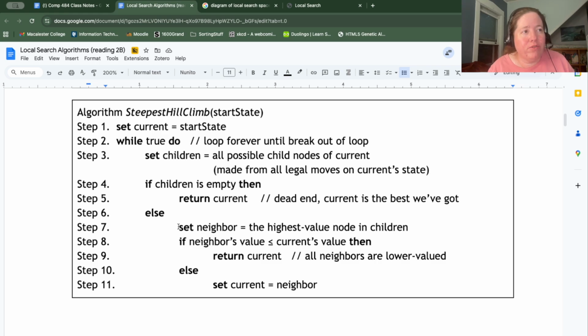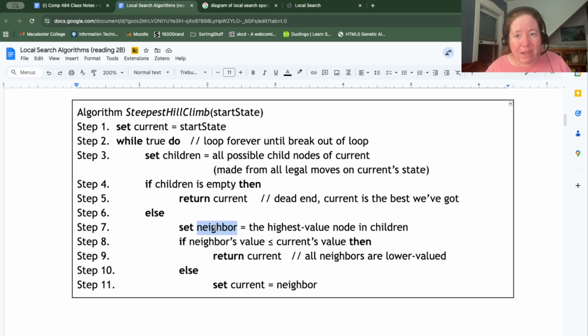Otherwise, we are going to figure out which neighbor has the highest value. In doing that, we have to actually generate the value for all of the neighbors. If that neighbor's value is less than the current value, remember this is hill climbing, so we're optimizing upward, that means that all the neighbors have lower value because this neighbor right here, this is the best neighbor we had.